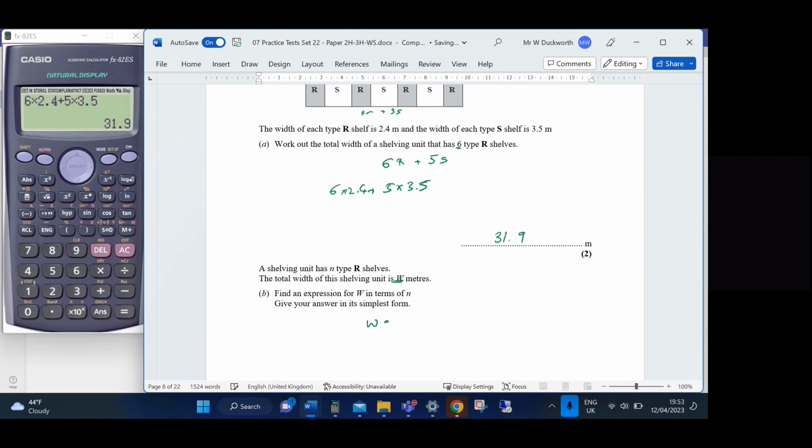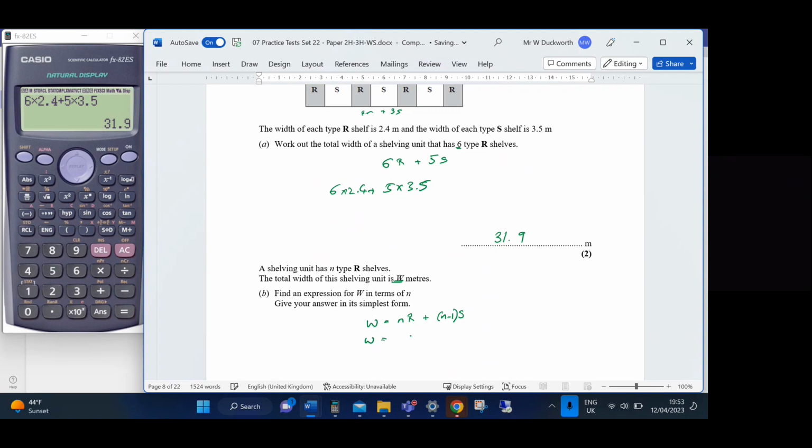So we've got N type R shelves, and we would also have N-1 type S shelves. So we know the value for W, for R and for S. Let me just tidy that up a little bit.